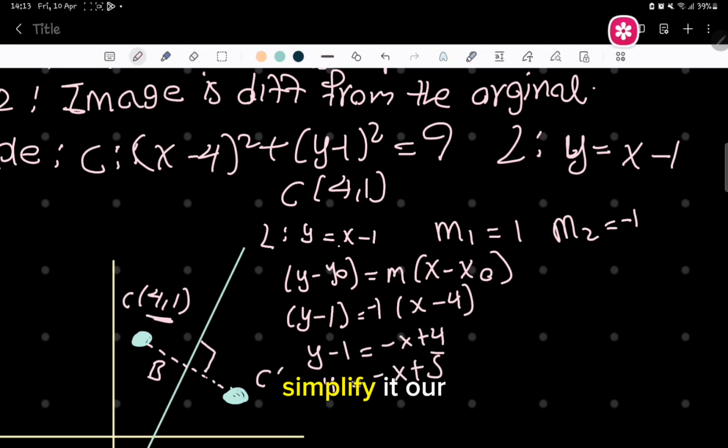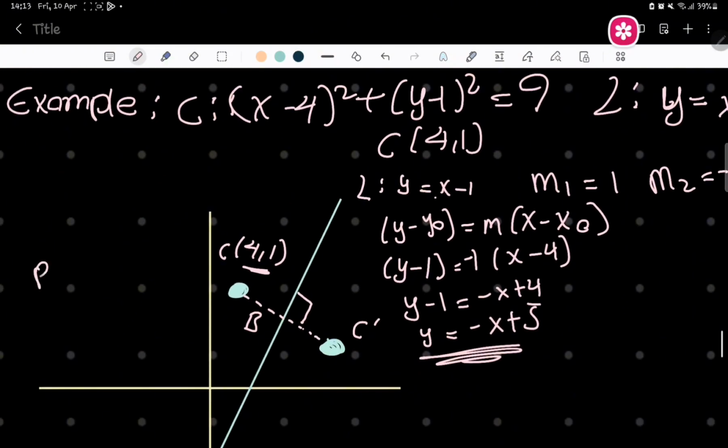When we simplify it, the equation of B is going to be y equals minus x plus 5.